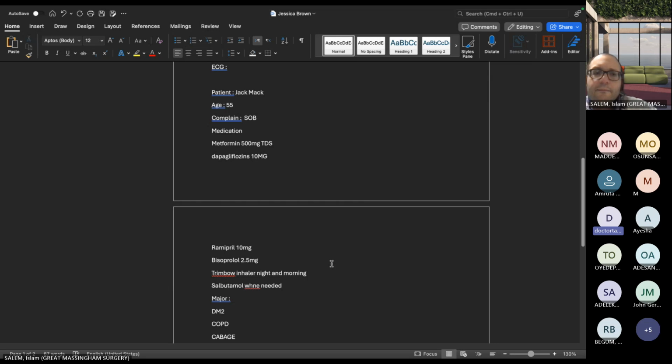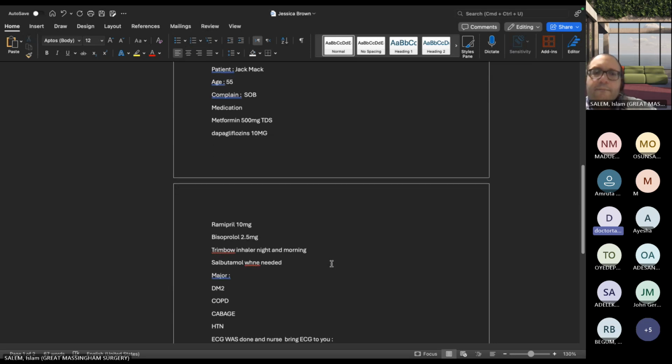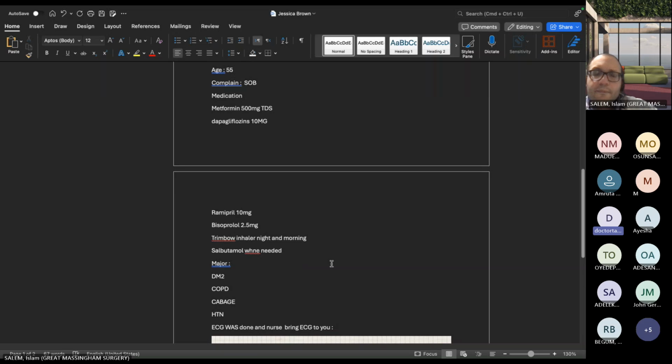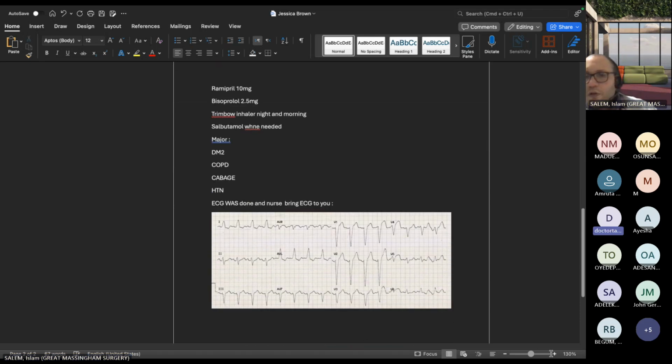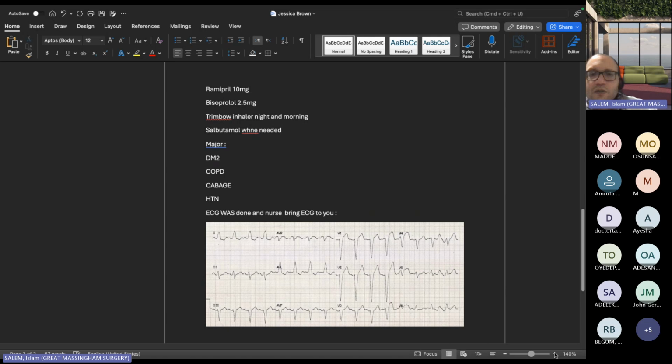So he's diabetic, and asthmatic or COPD. Yes, he has COPD, he had CABG, and hypertension. So you can see his multiple risk factors. The nurse is worried and brings you this ECG.